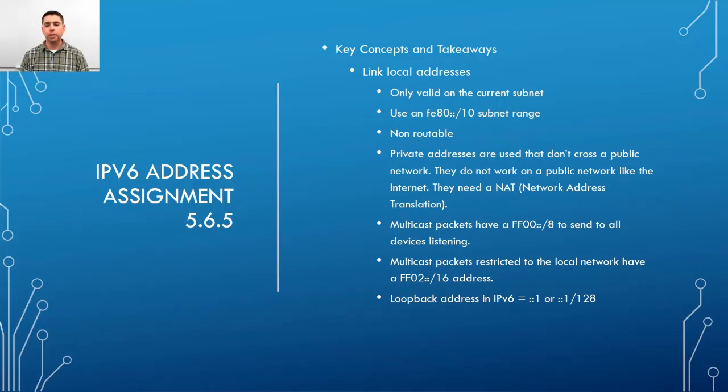Then you have multicast packets that have the designation of FF00::. You will need to remember those, including the multicast packet, which is FF02::, and then your loopback address in IPv6 is ::1. So the loopback in IPv4 is 127.0.0.1. In IPv6, it's ::1.